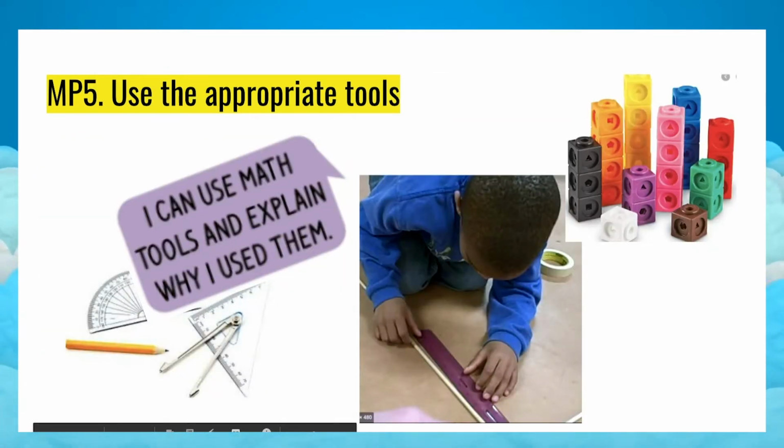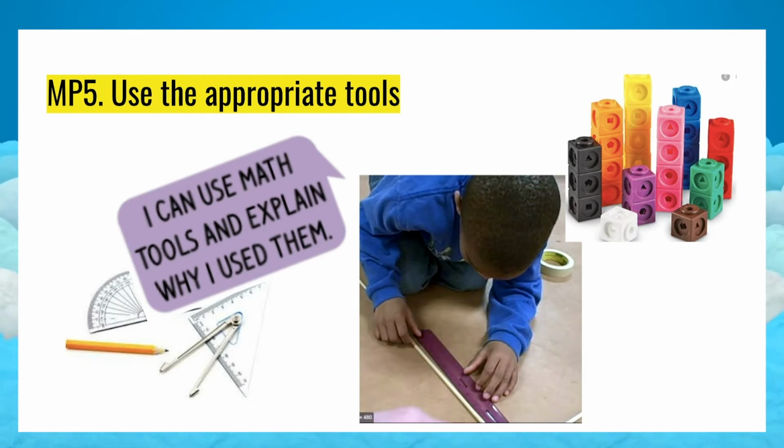Number 5, use appropriate tools. Now, this is really important. Think about being a doctor. Would a doctor use a baseball bat to give you a checkup? No. Would a basketball player use a hockey stick to play basketball? No, because those are not the right tools. Well, in math, you need to use the right tools for the job.